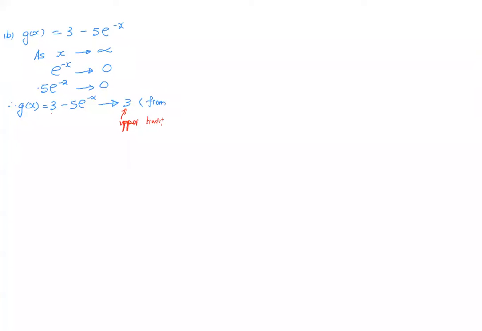Therefore, I know that this is the horizontal asymptote, and my g(x) is always less than 3.